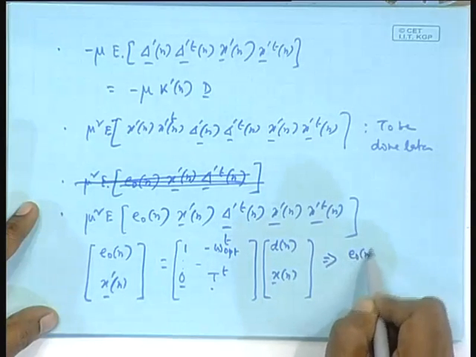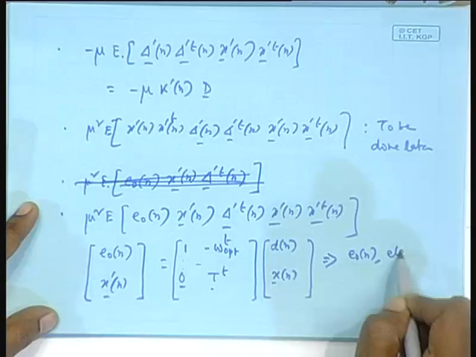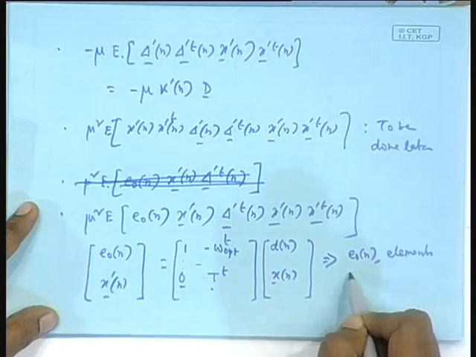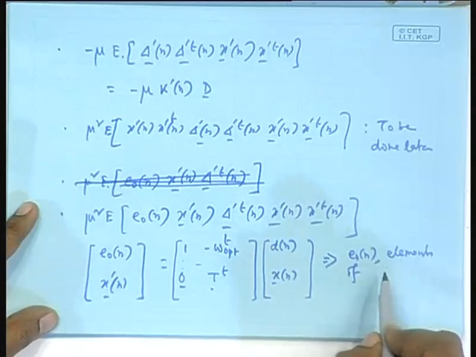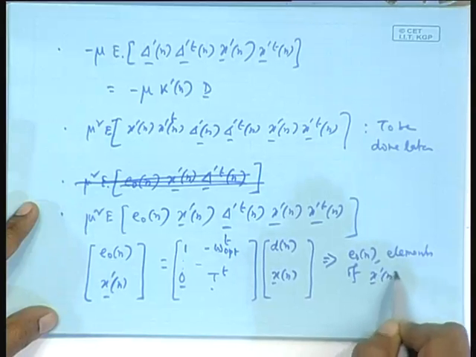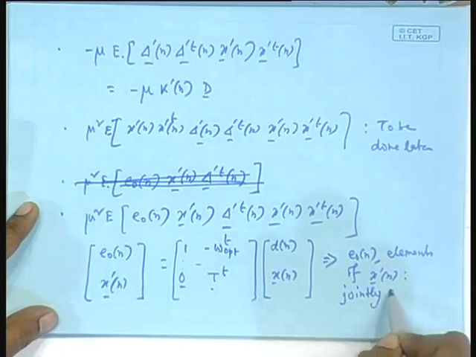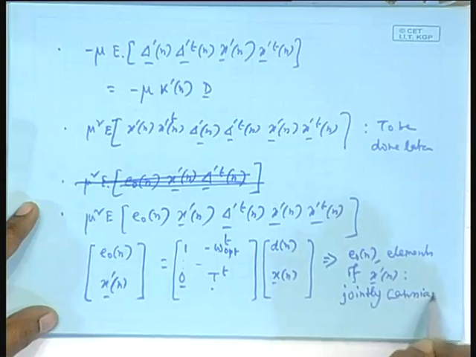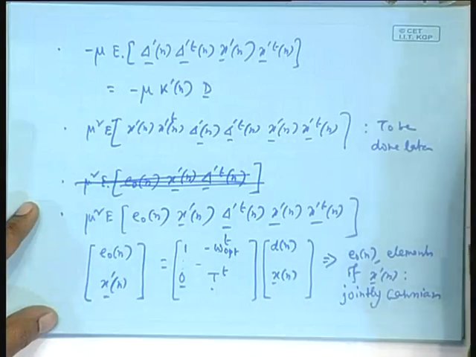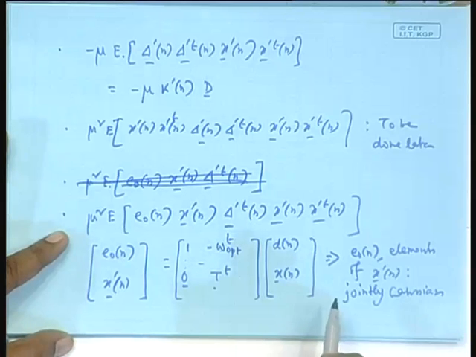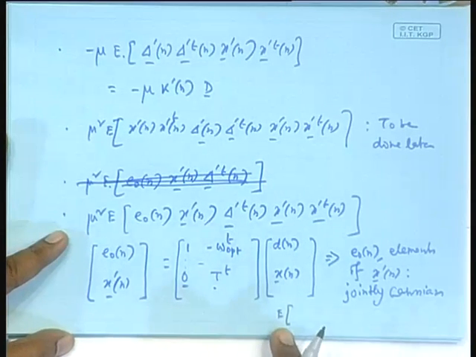This implies E0n and elements of x prime n are jointly Gaussian. But we have also seen, because of orthogonality of the optimal error, can you see this on the screen?